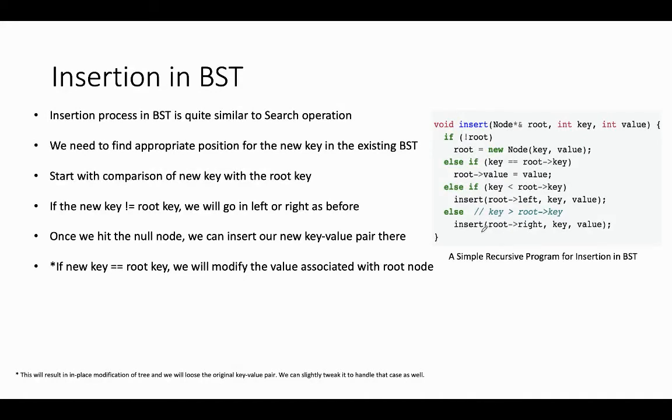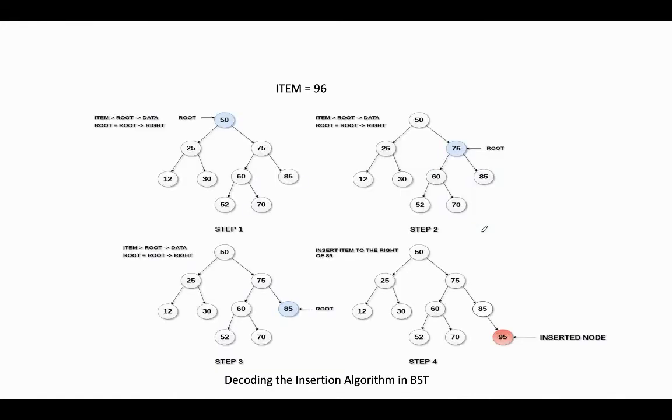Now let's go through an illustration to understand how insertion works. Okay, so you can see here that we have a tree. This is the starting tree we are given, and which is rooted at node 50. This is the left subtree of this tree, and this is the right subtree of this tree.